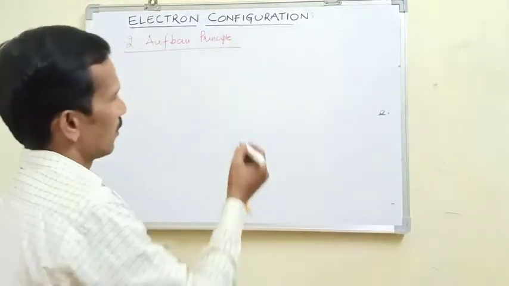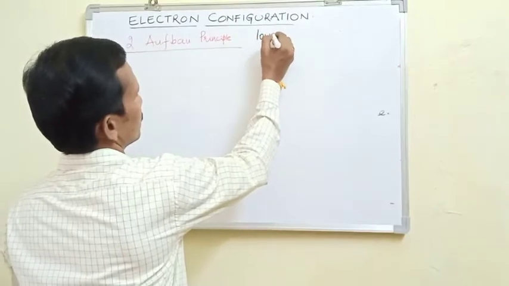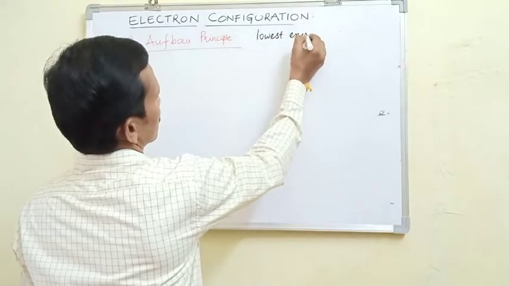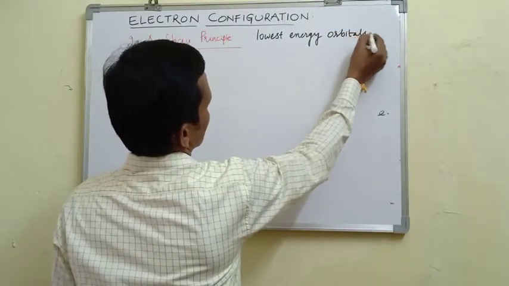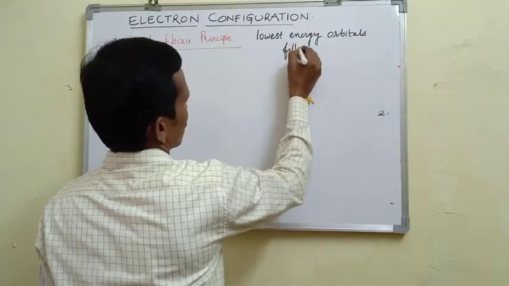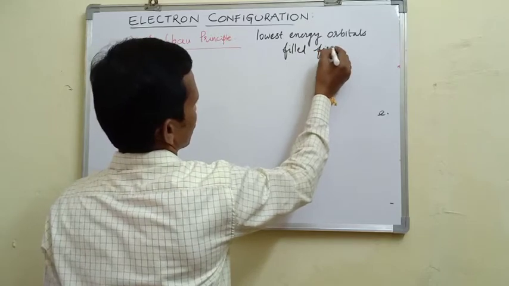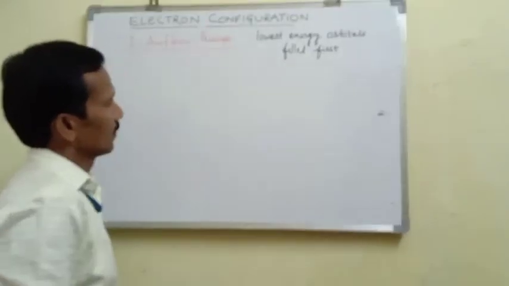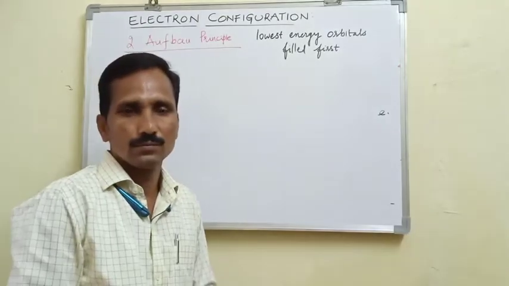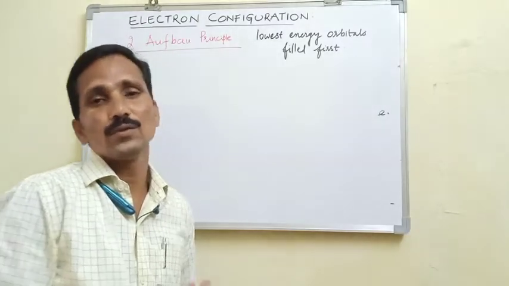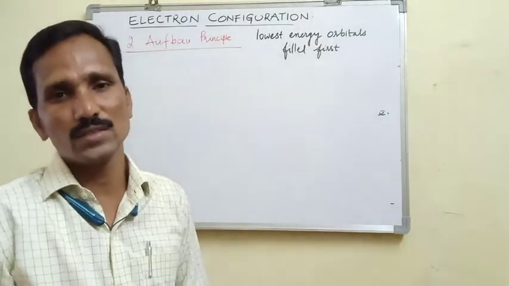Lowest energy orbitals are filled first. But how can we know which is the lowest energy and which is the highest energy?